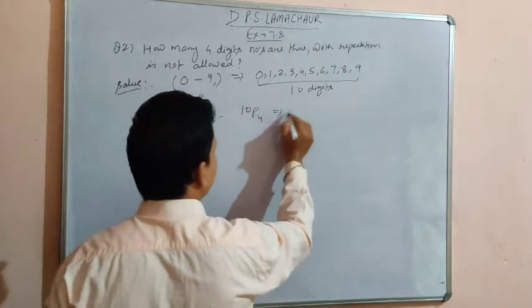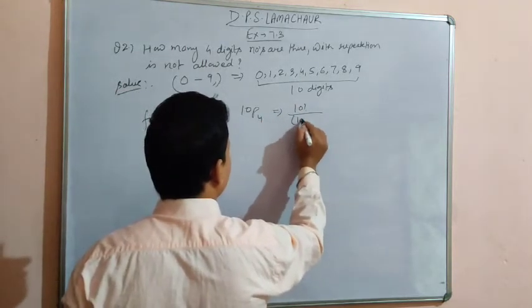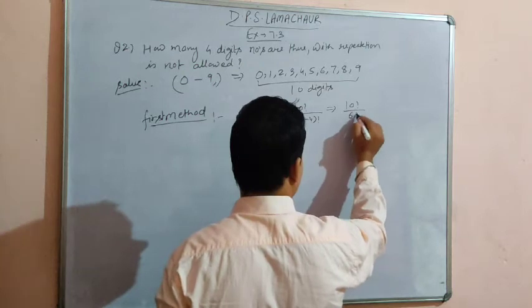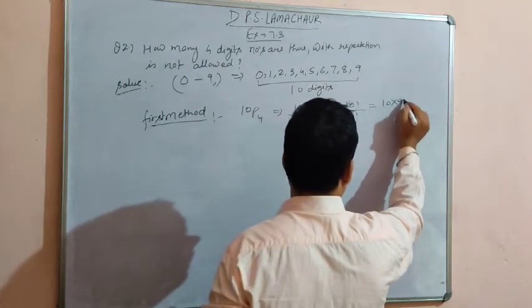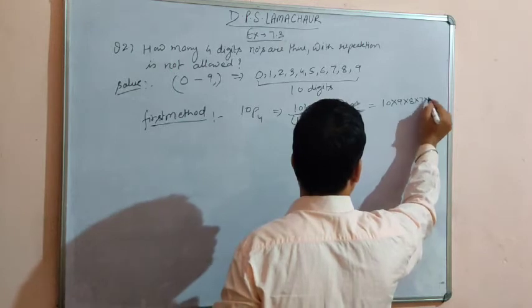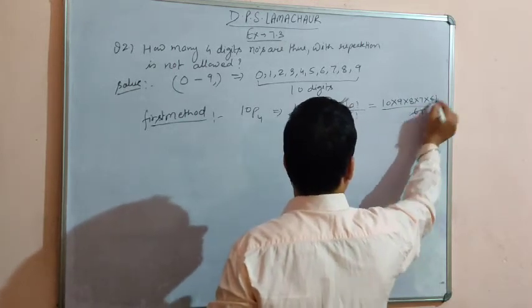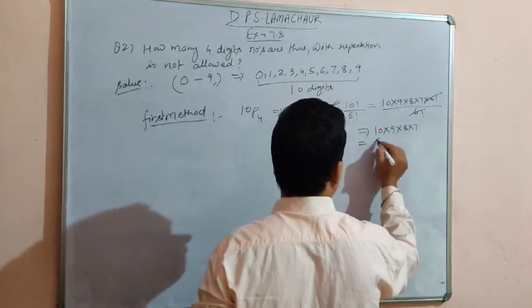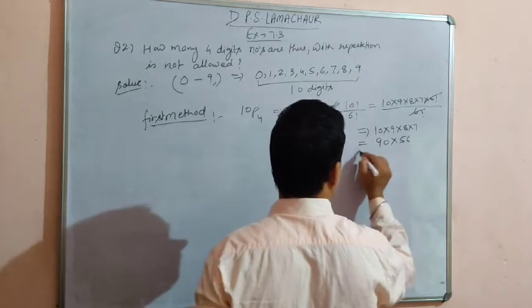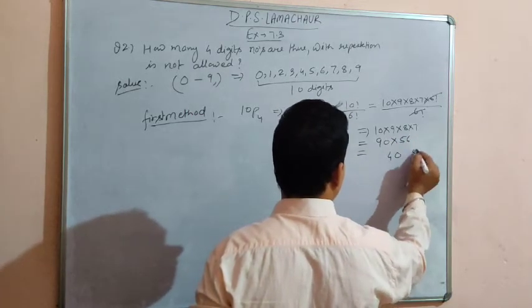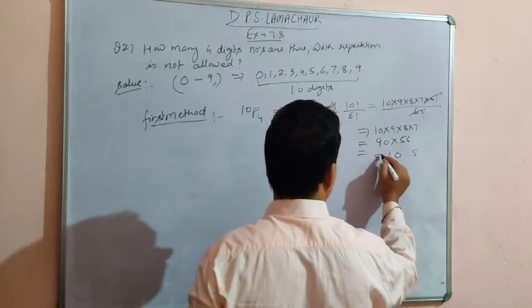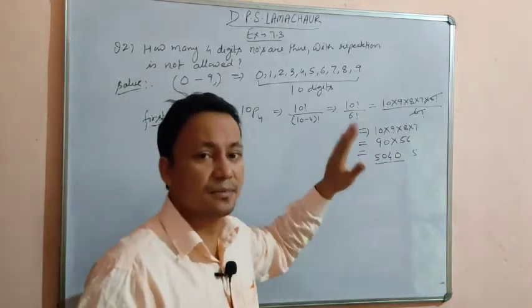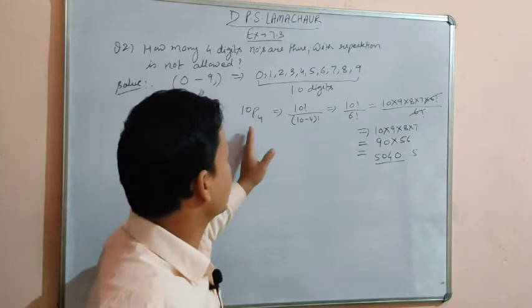So how much will 10P4 be? 10 factorial divided by (10 minus 4) factorial, that is 10 factorial upon 6 factorial, that is 10 into 9 into 8 into 7 into 6 factorial divided by 6 factorial. 6 factorial cancels out, 10 into 9 into 8 into 7, so 90 into 56, that is 5040.